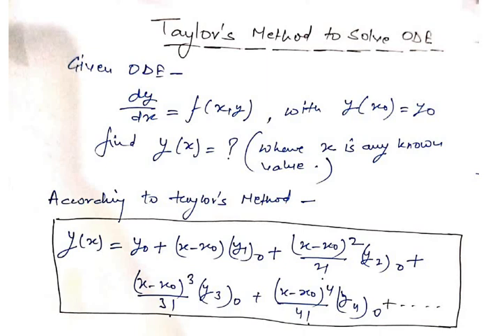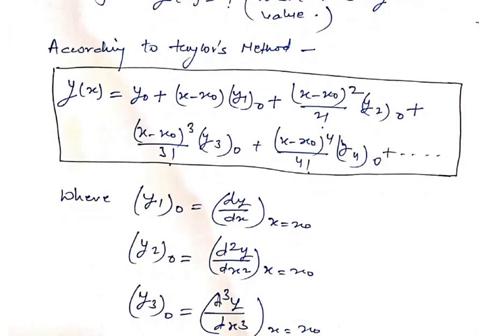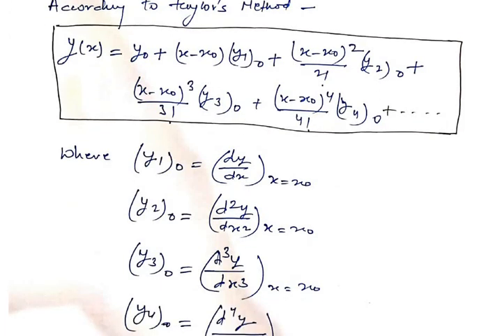Okay dear students, what is the basic principle of Taylor's method to solve an ordinary differential equation? According to Taylor's method, y at x can be found by the formula y0 plus (x minus x0) y1 at 0, plus (x minus x0) whole square upon factorial 2 y2 at 0, plus (x minus x0) whole cube upon factorial 3 y3 at 0, plus (x minus x0) to the power 4 upon 4 factorial y4 at 0, and so on.